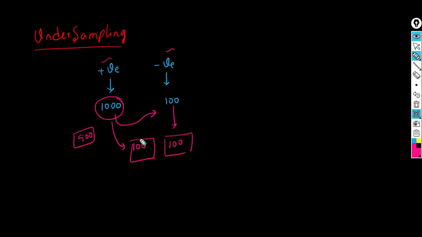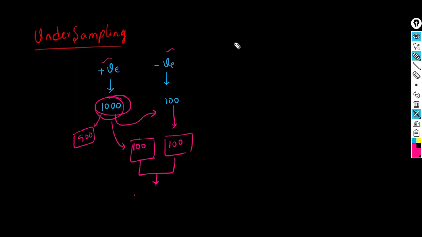We will consider the 100 points from this class and the 100 points in the negative class. In this way we can avoid the imbalance effect. But the problem here is that we are going to lose some information. Actually, we have 1,000 points, and by removing 900 points we are losing some information about the classes. This is generally not a good way.